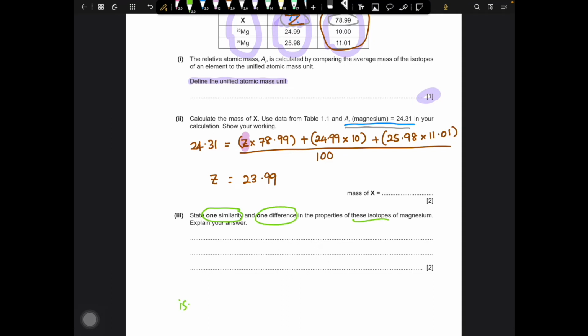The next question, we need to state one similarity and one difference in these isotopes. As we know, isotopes have the same number of electrons, however they have a different number of neutrons. For any element with the same number of electrons, it means that they will react the same way. By reacting similarly, it means that they will have the same chemical properties.